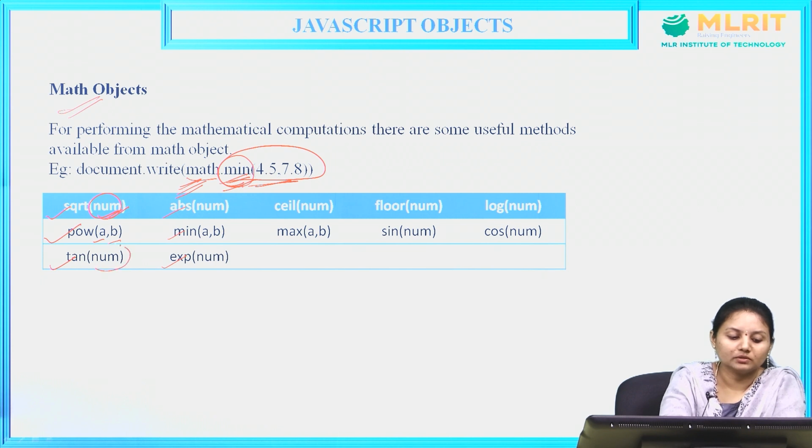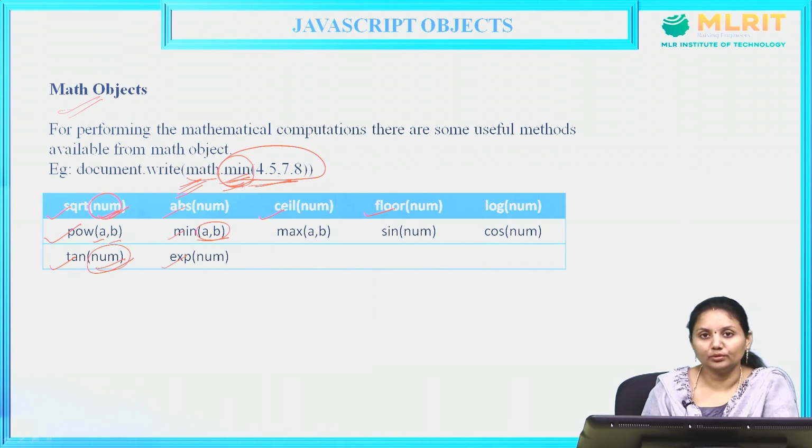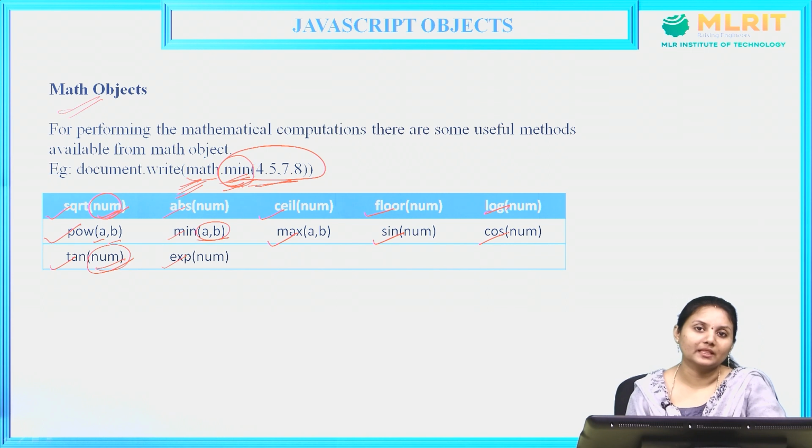For tan, you pass a number. For min you have to pass two values, because you find the minimum of two numbers. Ceil and floor are the functions you use for rounding values to the nearest number. Then maximum, sine, log, cos. Like this, you have so many mathematical objects that can be used in JavaScript.